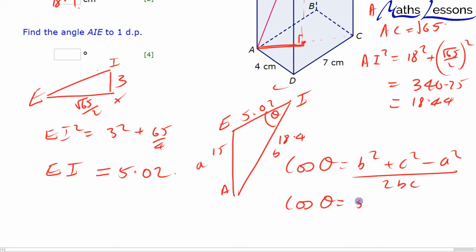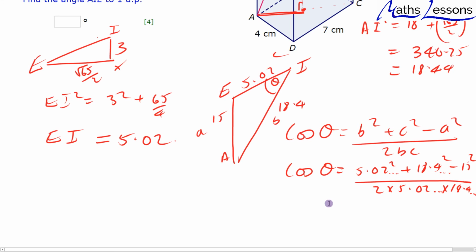So we're going to have the 5.02 squared plus the 18.4 squared, but remember you're using all the digits when you do this, minus 15 squared, over 2 times 5.02 times 18.4 and all of that.